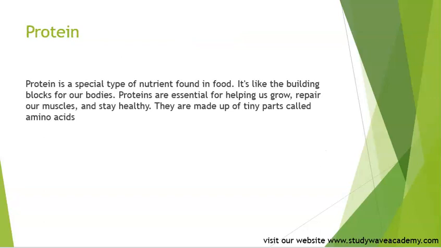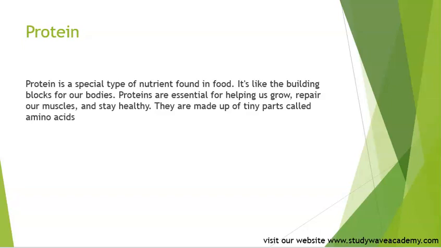Protein is a special type of nutrient in food. It's like a building block for our bodies. Proteins are essential for helping us grow, repair our muscles, and stay healthy. They are made up of tiny parts called amino acids.